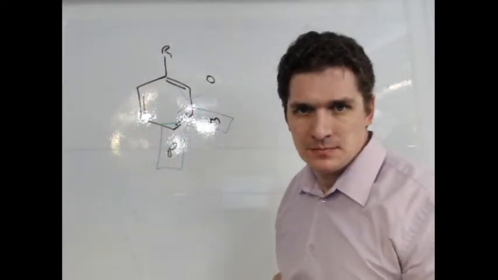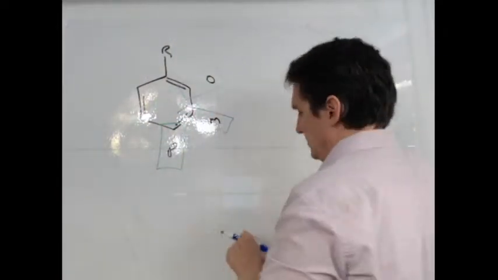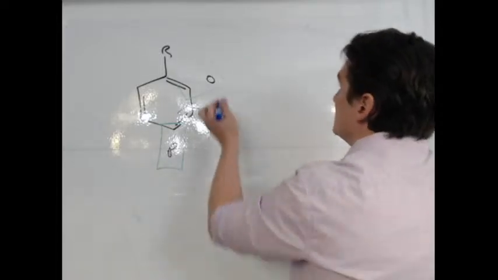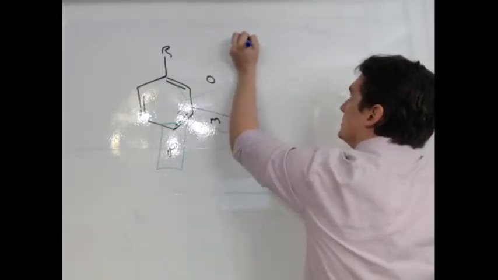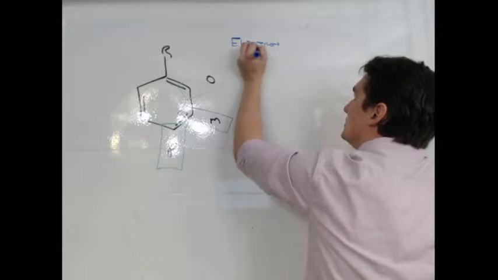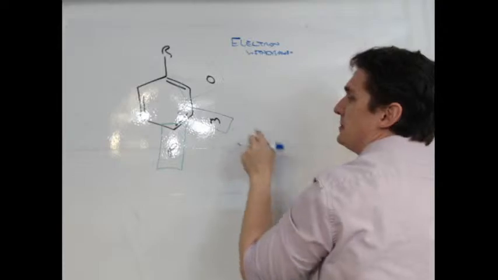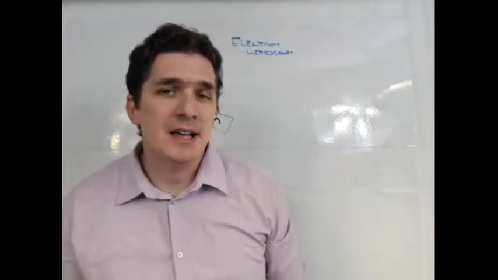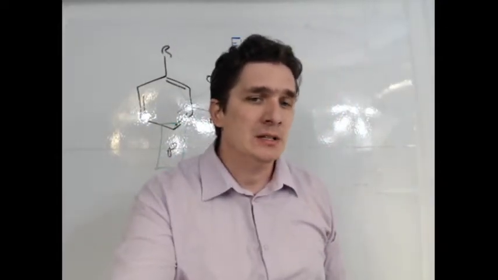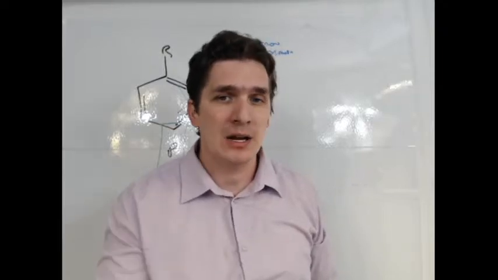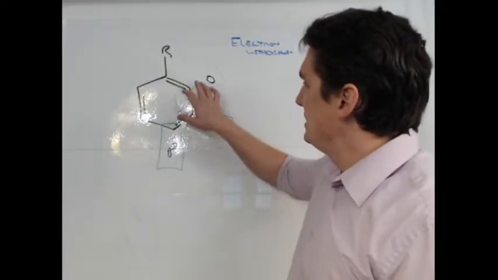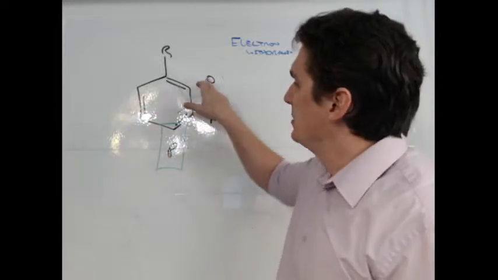So a common theme of your electron withdrawing groups is that they favor the meta position. Now, this is kind of a misleading statement. It's just how we have to describe it. What's really happening is that for any given benzene ring, all three of these positions are fair game.